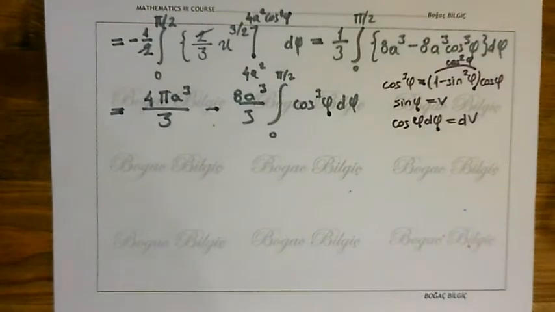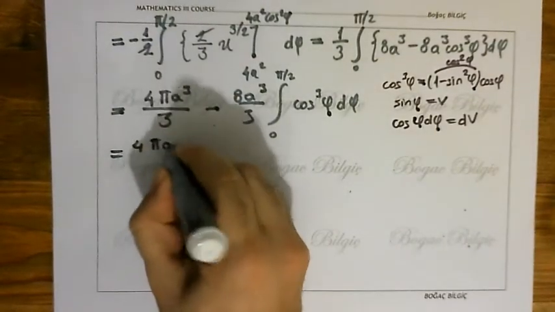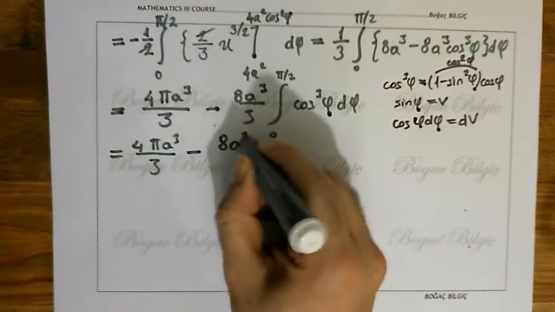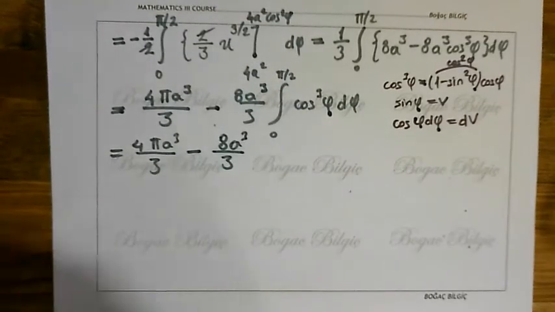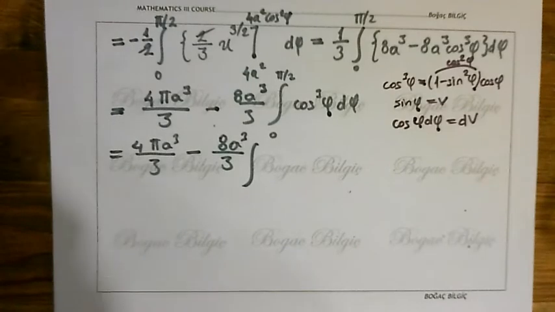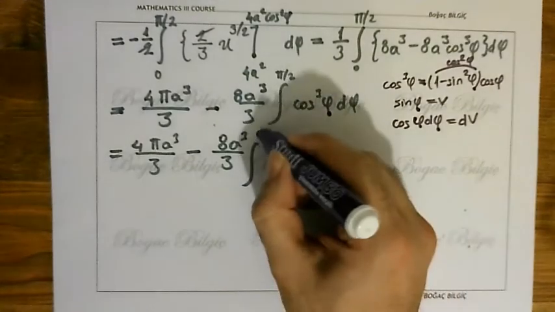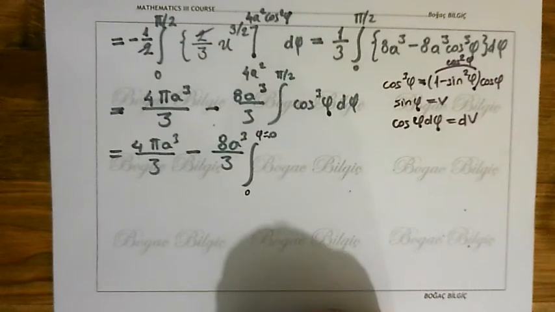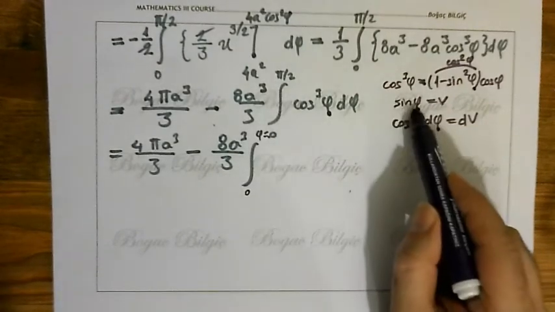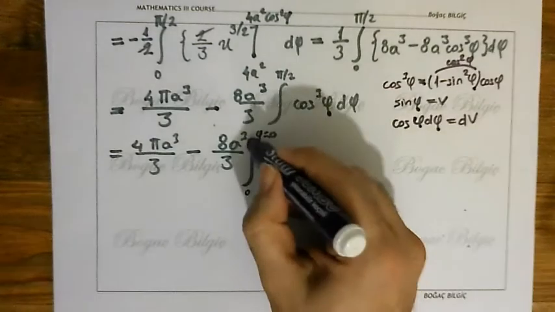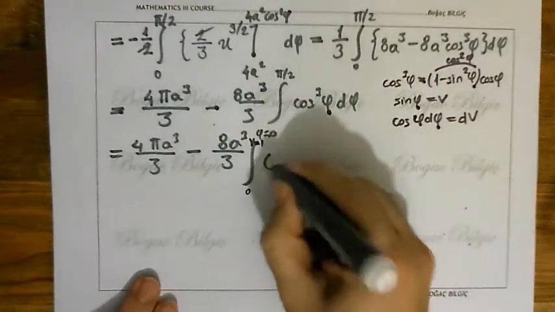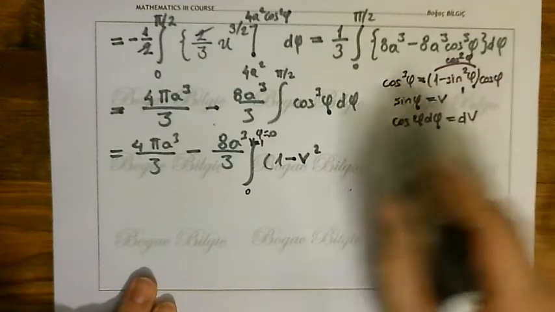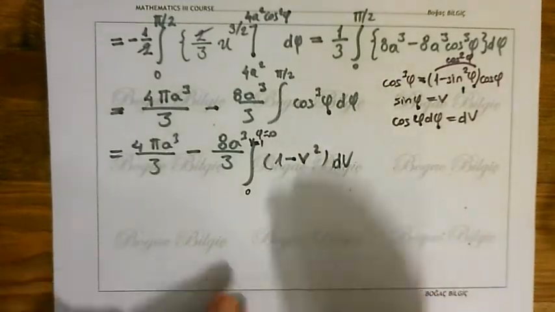So 4πa³/3 minus 8a³/3, when φ is 0, v is 0, and when φ is π/2, v is 1, and 1 − v², because we say sin φ = v and dv.